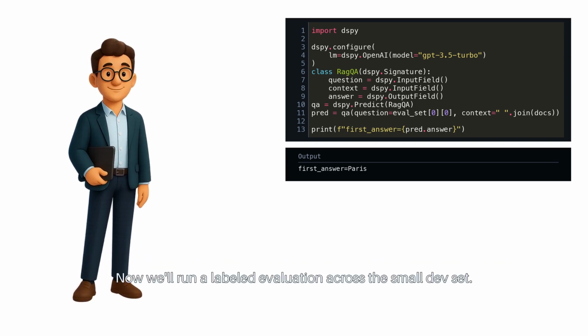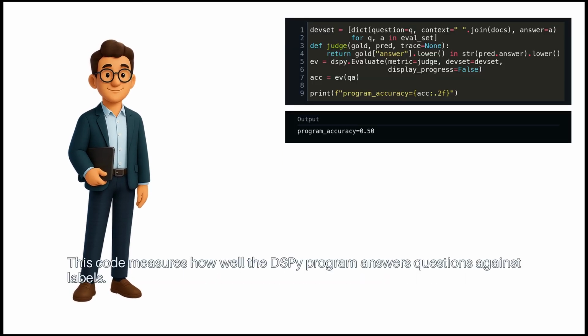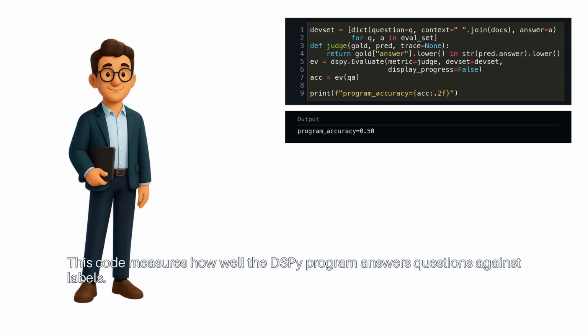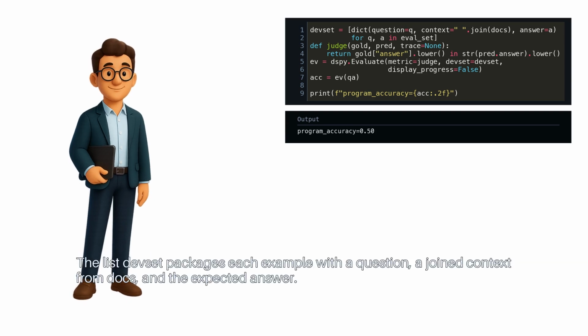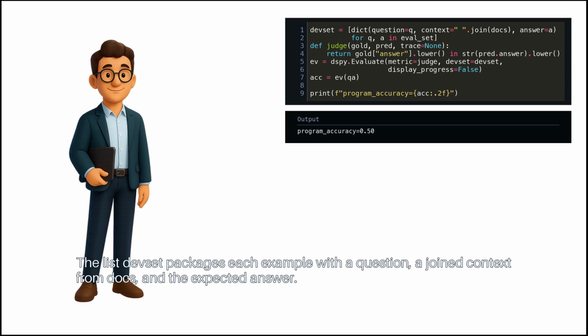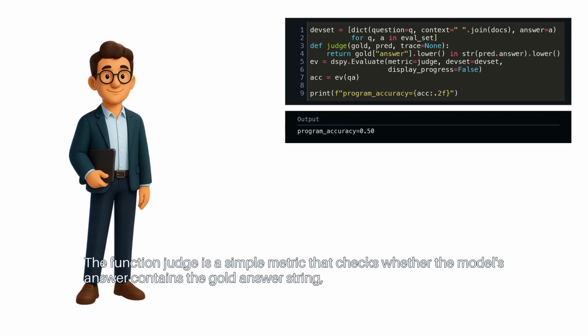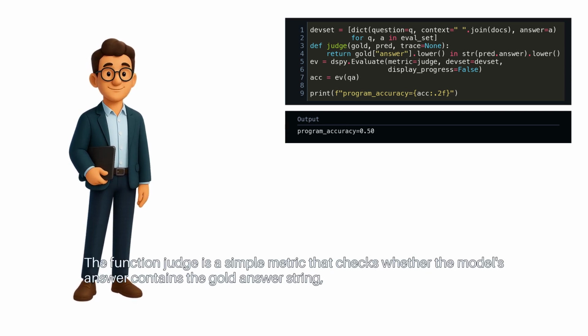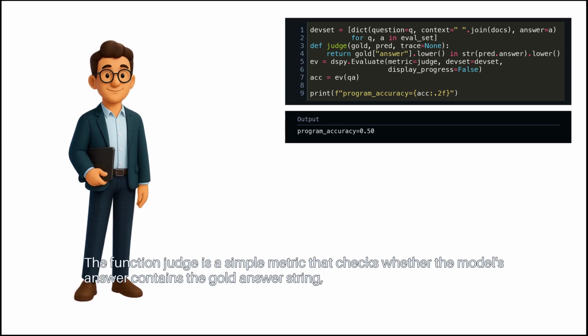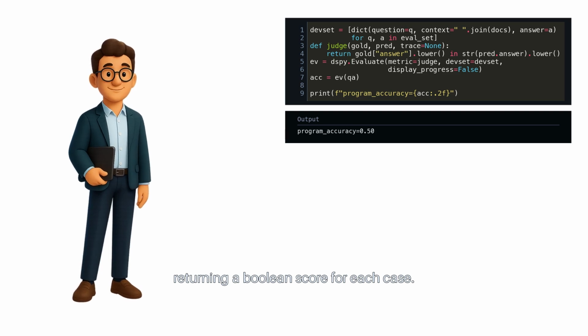Now, we'll run a labeled evaluation across the small dev set. This code measures how well the DSPy program answers questions against labels. The list dev set packages each example with a question, a joined context from docs, and the expected answer. The function judge is a simple metric that checks whether the model's answer contains the gold answer string, returning a Boolean score for each case.